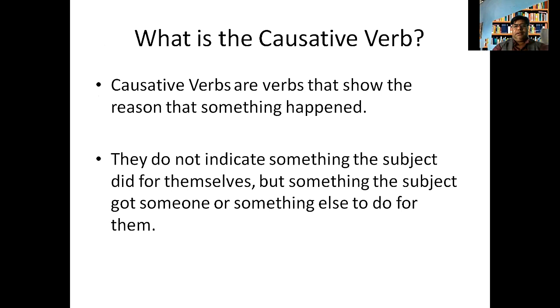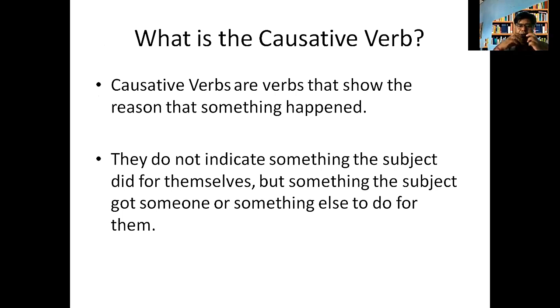What is the causative verb? The definition of causative verb. Causative verbs are verbs that show the reason that something happened. They do not indicate something the subject did. Generally, in sentences where the causative verbs are not used, the subject is mostly the doer.